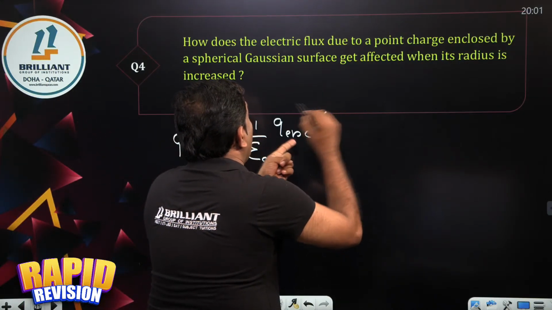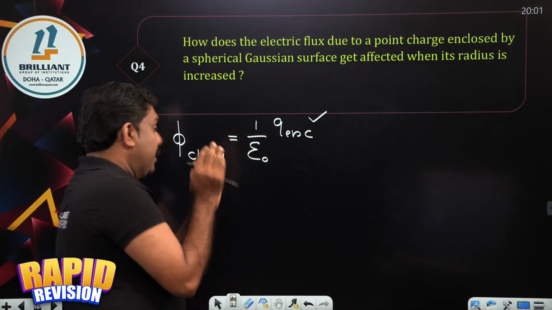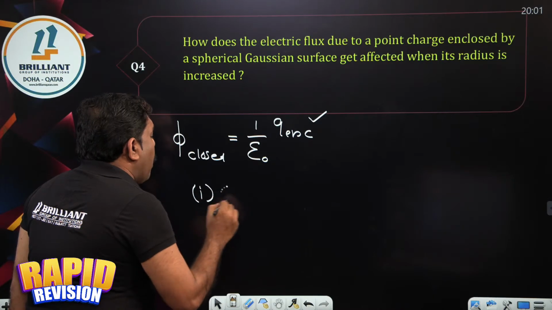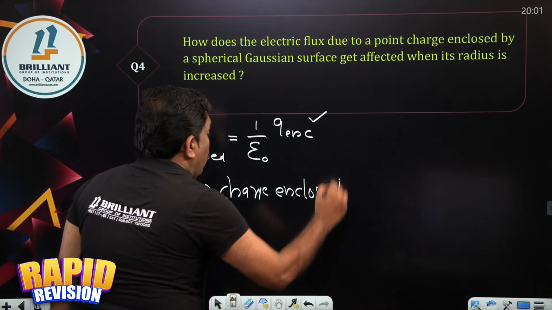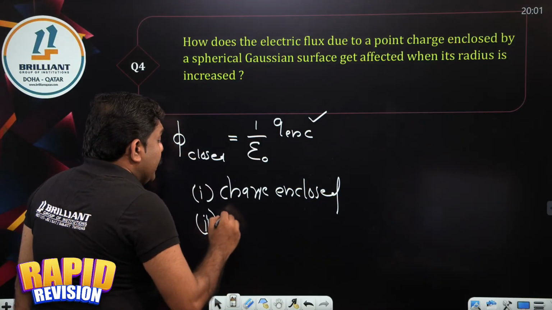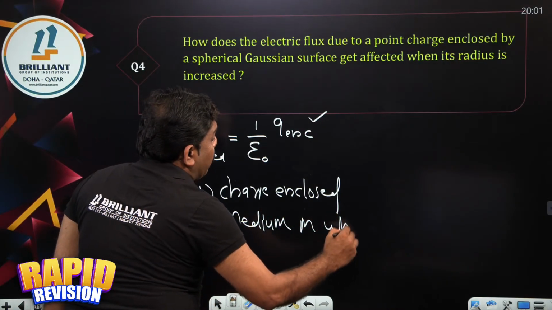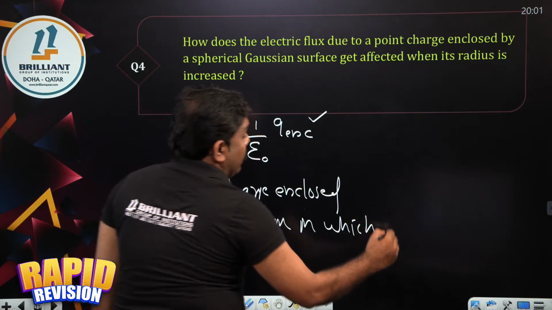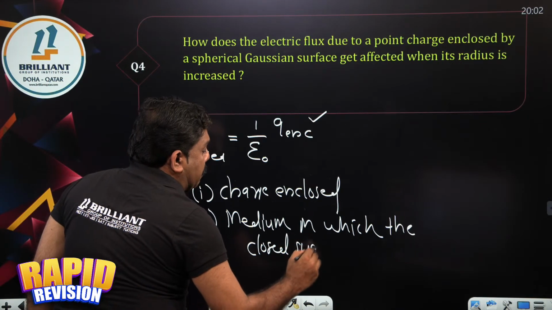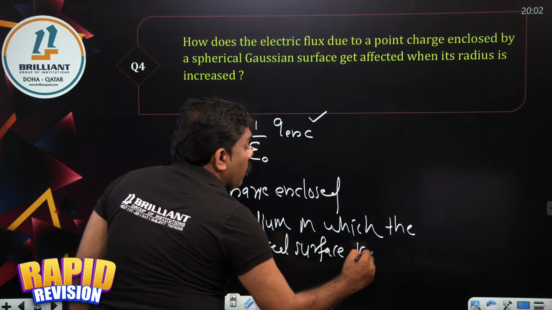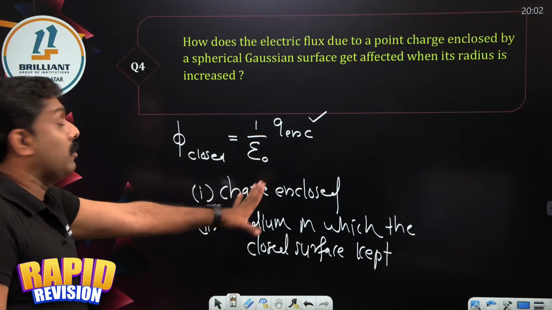The charge enclosed, and the medium in which the closed surface is kept, whether it is kept in air or whether it is kept in liquid. So phi closed depends upon these things only.